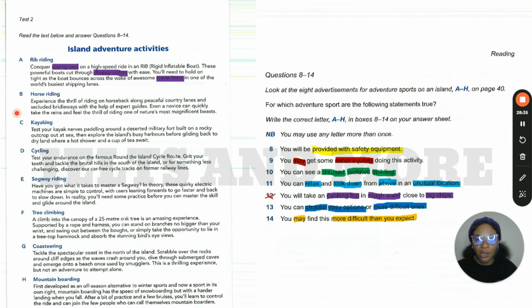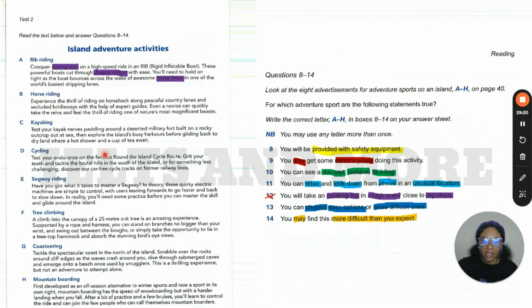Even a novice can quickly take the reins and feel the thrill of riding one of nature's most magnificent beasts. From what I remember, we did not talk about any horse riding amongst all the questions. Remember I told you that not every single paragraph will contain an answer, right?